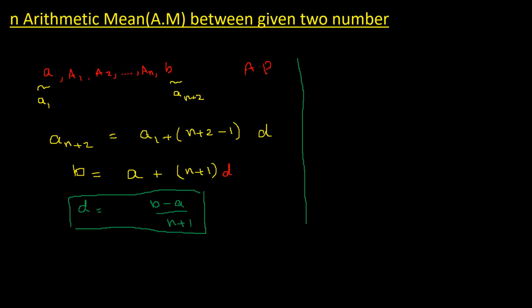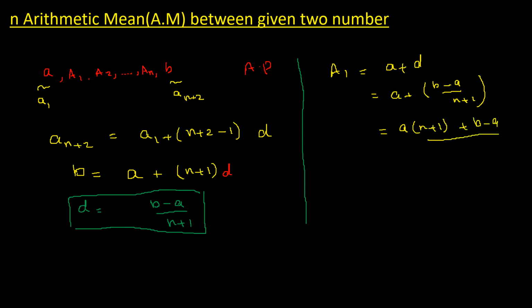So a1 will be equal to what? a1 here will be equal to a plus d, and d is given, which is (b minus a) over (n plus 1), which makes it a into (n plus 1) plus (b minus a), over (n plus 1). And if you simplify it, you get (na plus b) over (n plus 1).